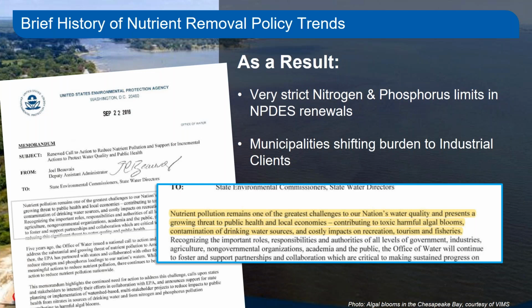And if you don't have a direct discharge permit, it doesn't mean that this permit is not going to affect you, because if you're discharging to a municipality and you have a pretreatment facility, municipalities are going to be passing the bill. So as you can see, EPA stated that nutrient pollution remains one of the greatest challenges for the nation. And we're seeing the permits for 2020 and 2023 getting very, very tight.